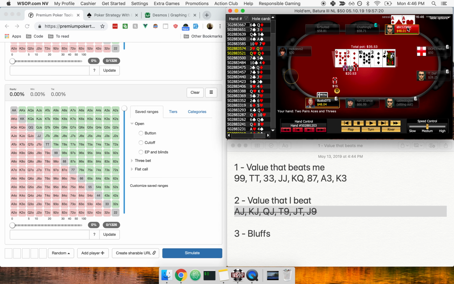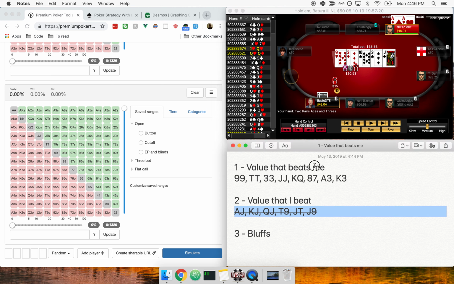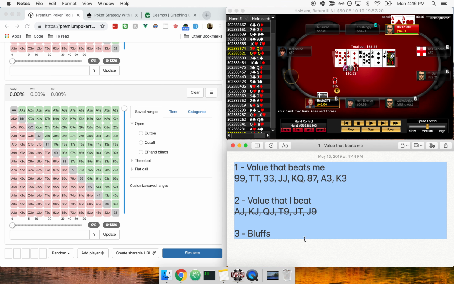Because if you think of your hand as pocket aces, it's tempting to think that that's a really strong hand. But if you tell yourself, I have a bluff catcher, that makes it a lot more realistic. You realize that your hand isn't that strong. So, again, that's a reason why I like to break things down this way into these 3 buckets.